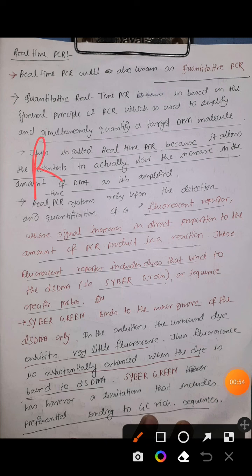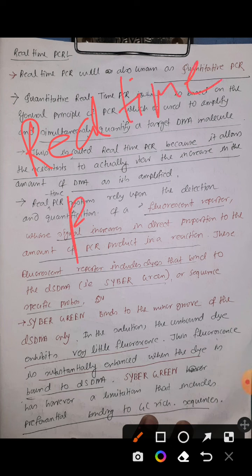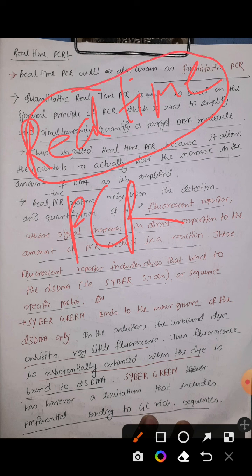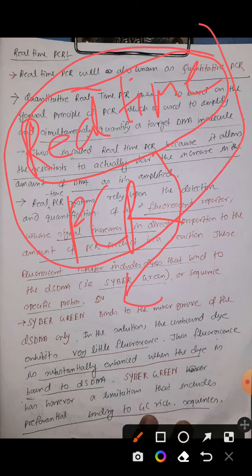What comes to your mind when you hear the term real-time PCR? It simply means that during the PCR technique, it allows the scientist to view the amount of DNA increasing.